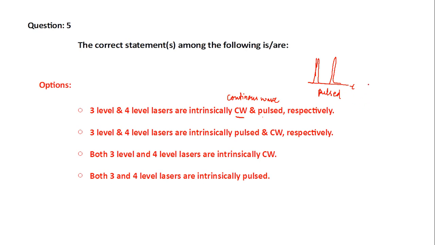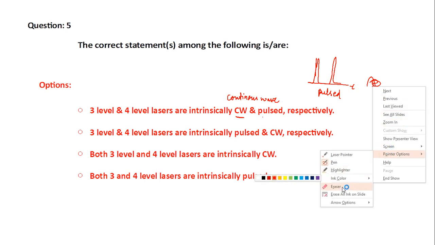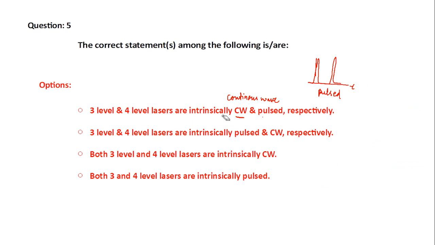And if you talk about a continuous wave, it will not have intensity 0 with respect to time. So the correct statement among the following is whether 3 level and 4 level systems are continuous wave or pulsed.